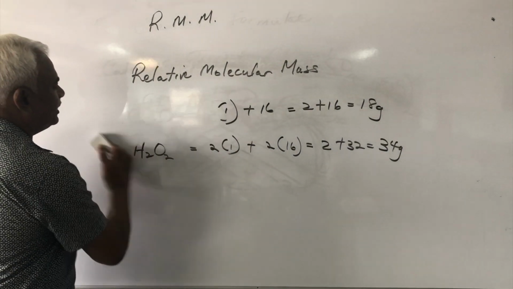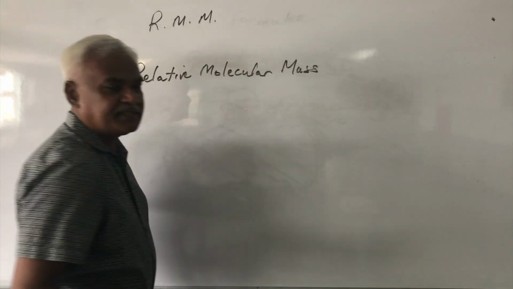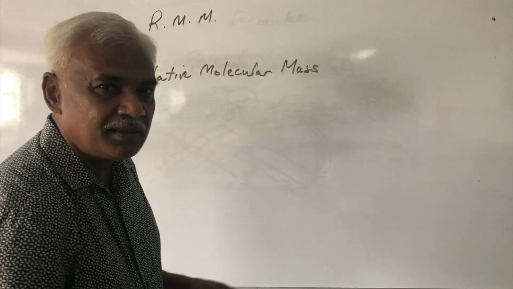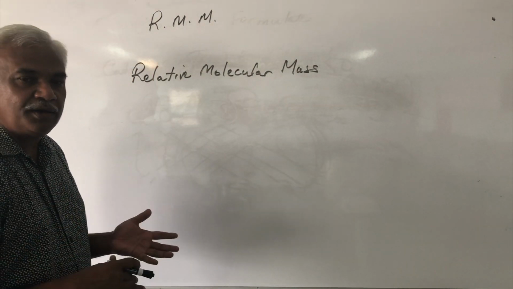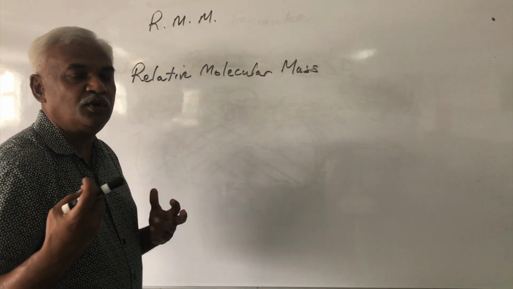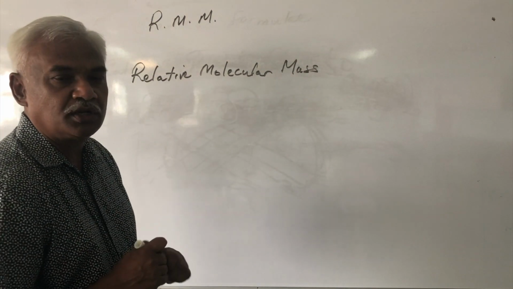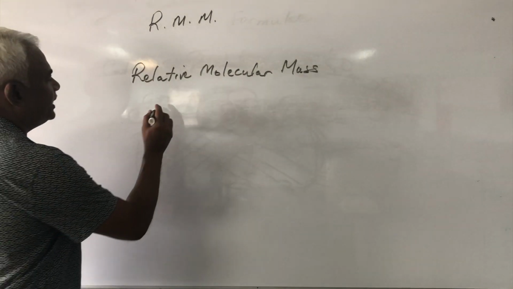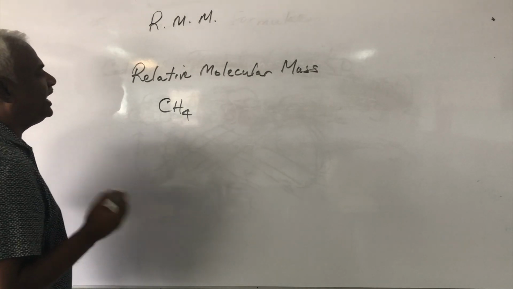Relative molecular mass. Now, as I said, this is fairly simple, basic mathematics, but I'm going through it because it is necessary. When you go to do mole calculations, for instance, you will find this absolutely necessary. Let's look at this. Calculate the RMM.